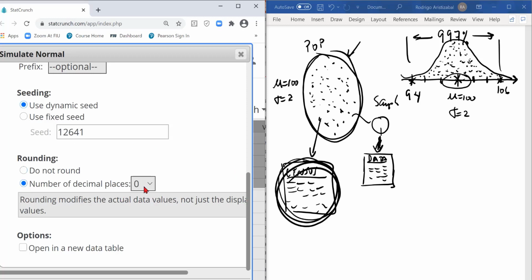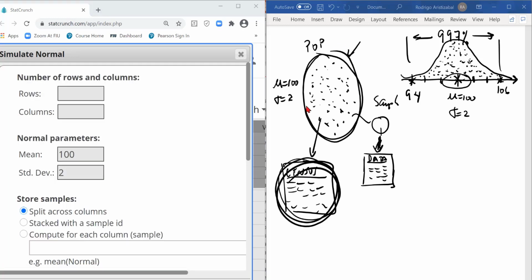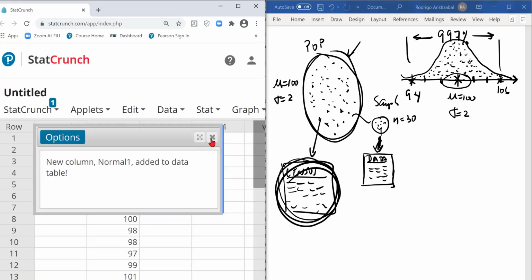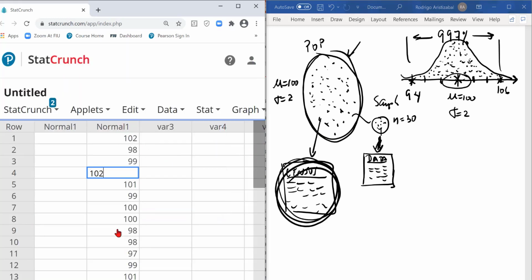Let's use no decimals in my sample, and we are going to select from this population 30 observations. My sample consists of 30 observations. In this case, n is equal to 30, and I am going to organize all of these observations in one column in this table. And let's compute. We have here 30 observations in this column.